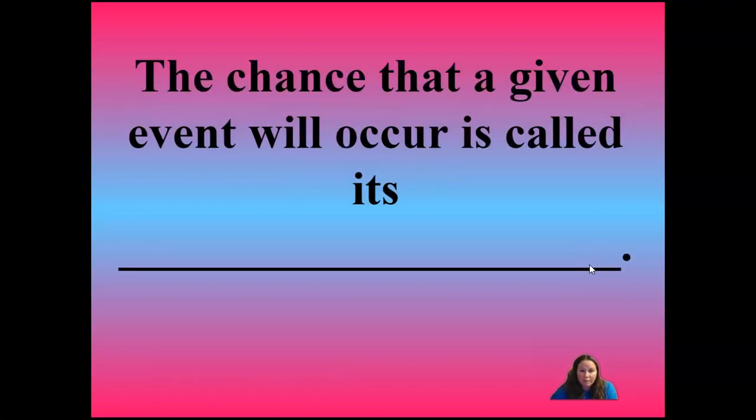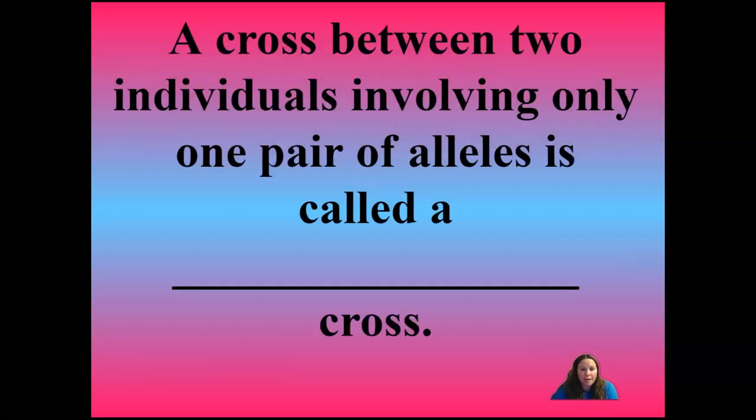The chance a given event will occur is called, answer is probability. That's what you use when you answer Punnett square questions, such as 25% or 1 out of 4, 1/4 of the offspring will have a trait. A cross between two individuals involving only one pair of alleles is called a, answer is monohybrid cross.